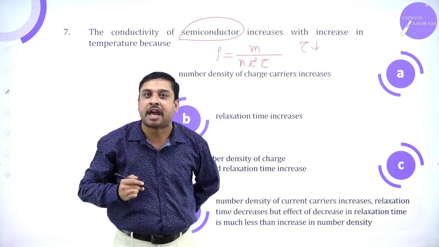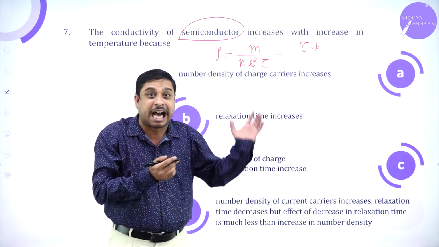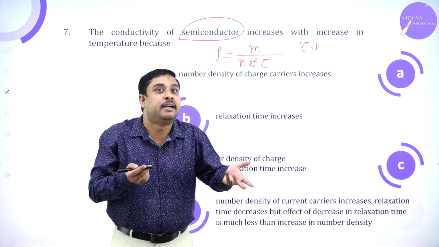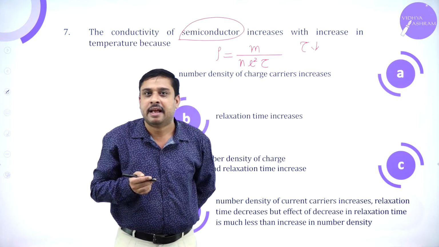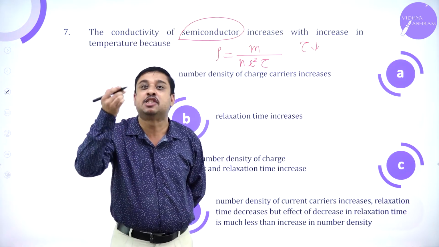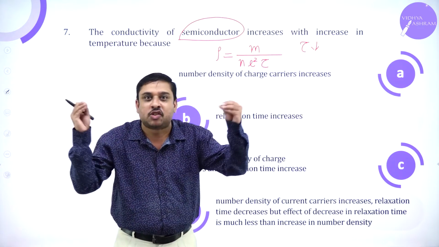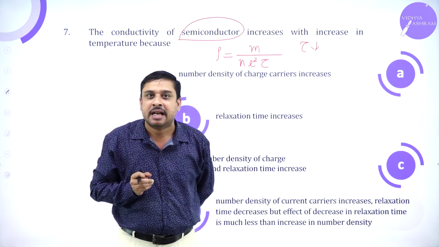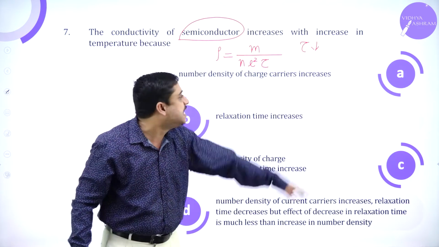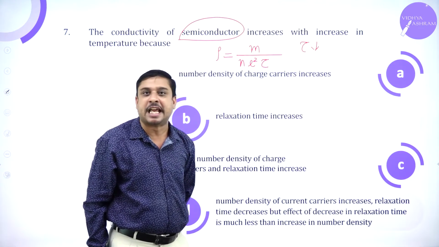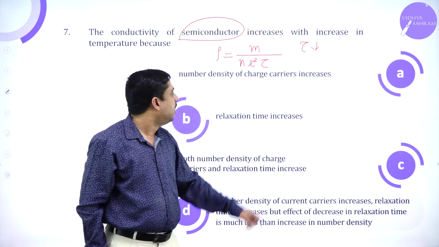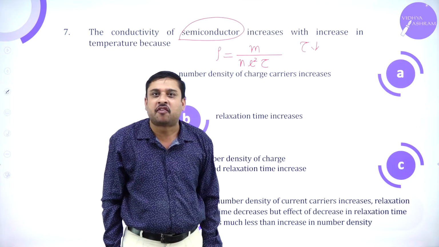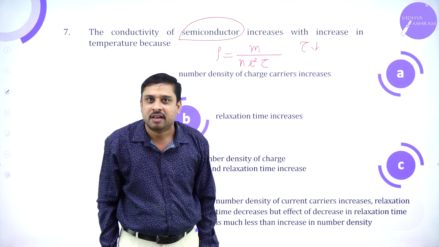Why is relaxation time decreasing? Kinetic energy of the electrons, the charges here, semiconductor, holes and electrons, kinetic energy gained is more. Frequency of collision is more. So what happens? Time for collision decreases. Relaxation time has decreased. What about n? Number of charges.